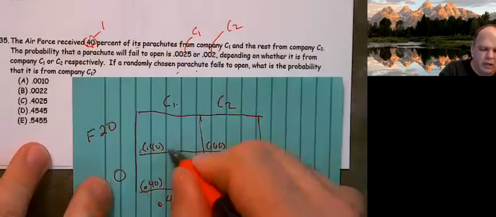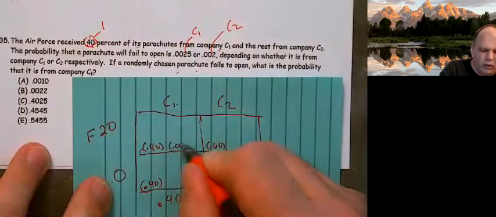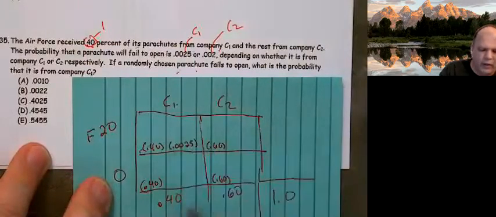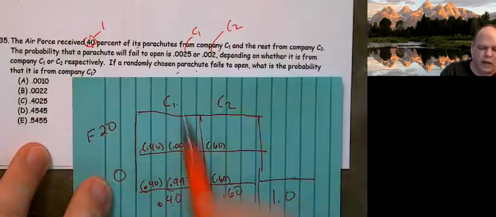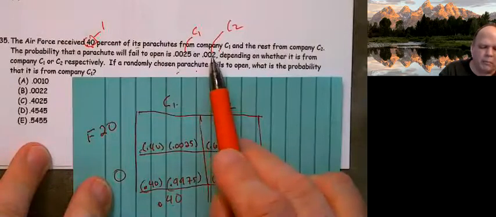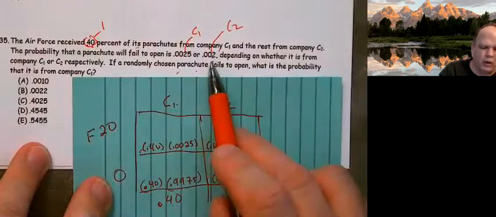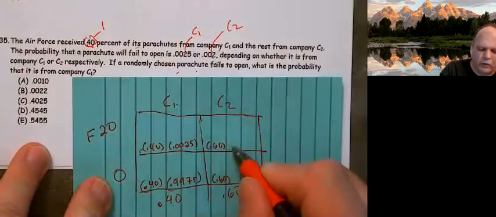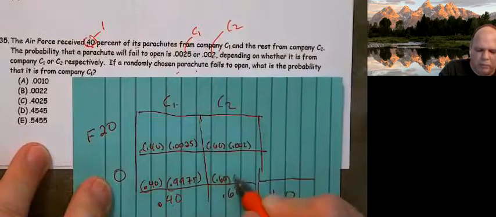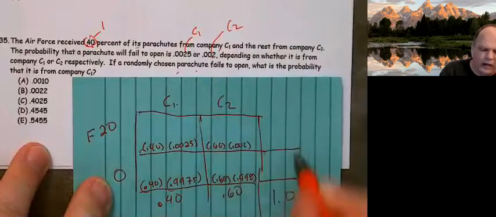So this is going to be 0.0025, and this is going to be 0.9975 because it's 1 minus that. If it comes from Company 2, there's a 0.002 chance, so this is 0.002, which makes this 0.998. All right.